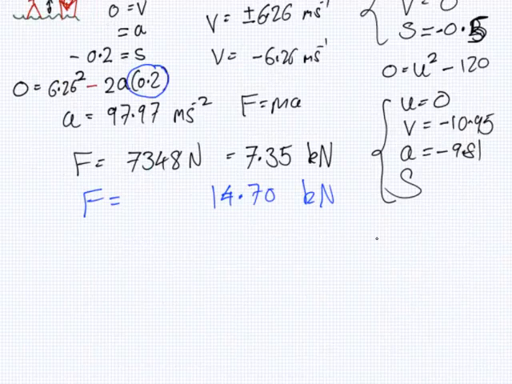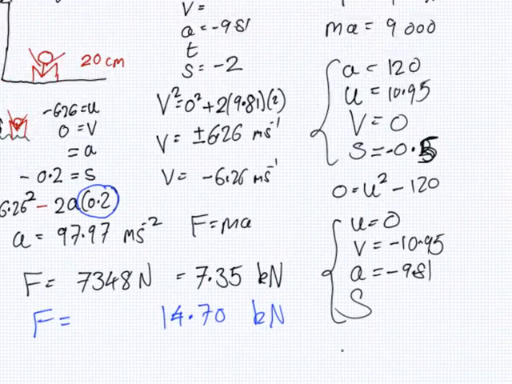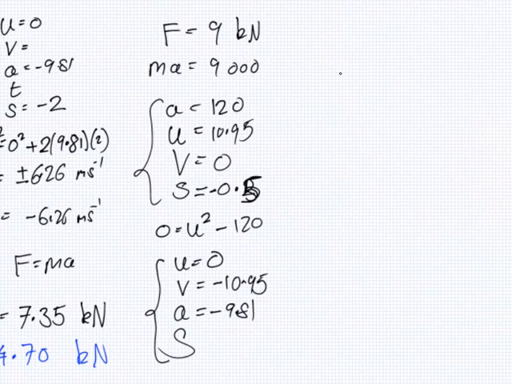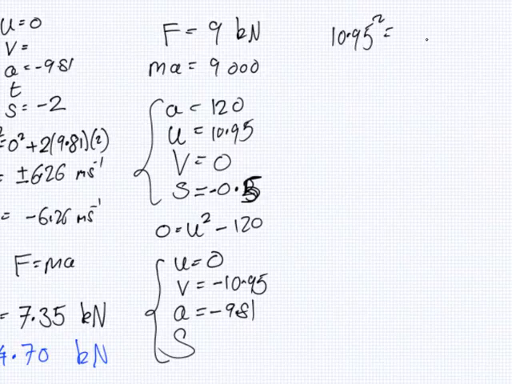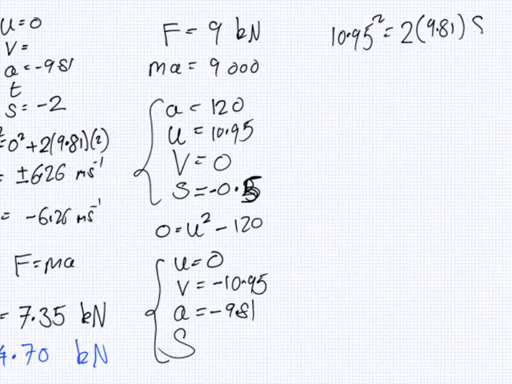What formula here? V squared equals U squared, which is 0, plus 2AS.